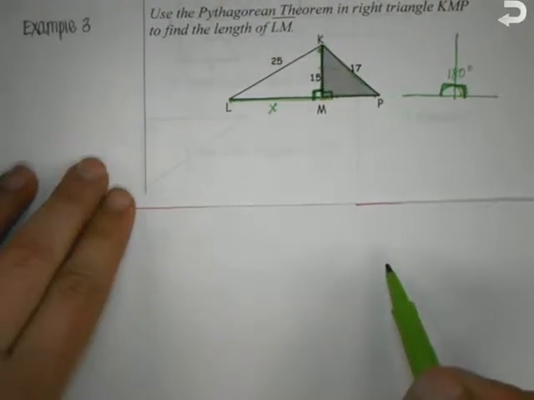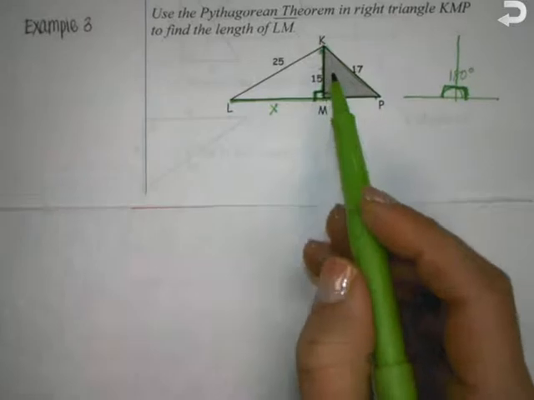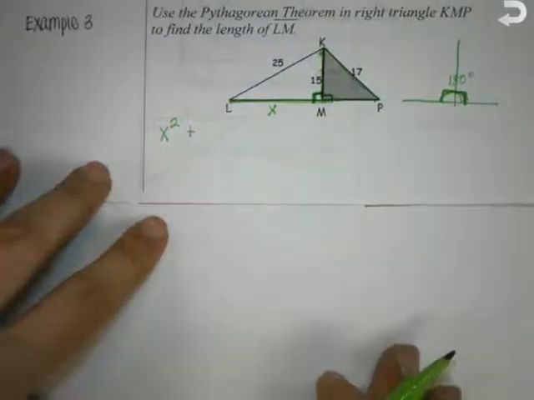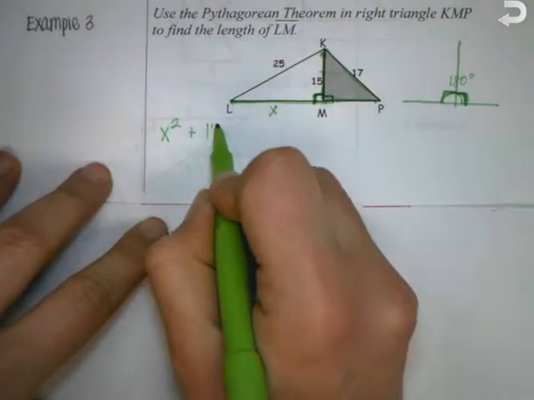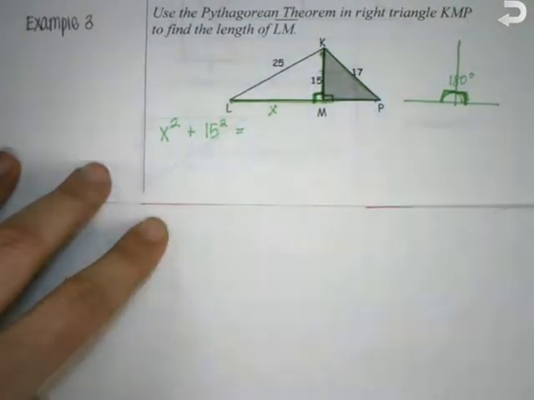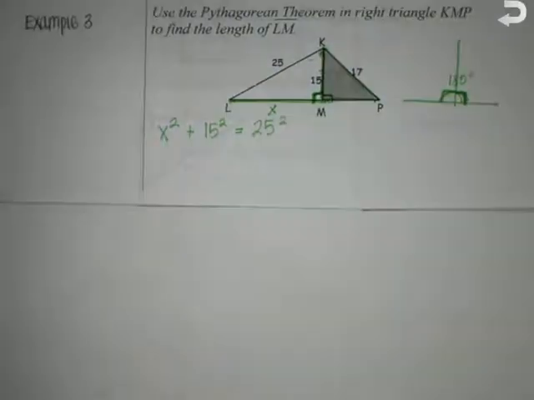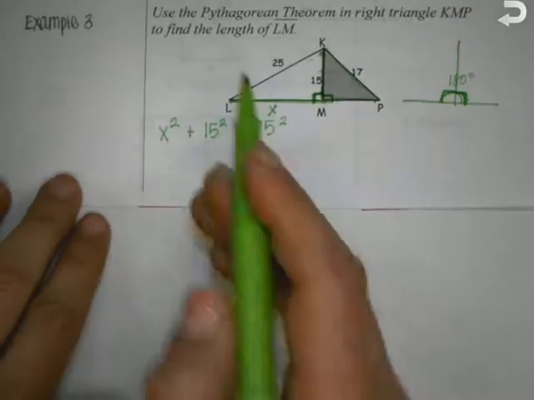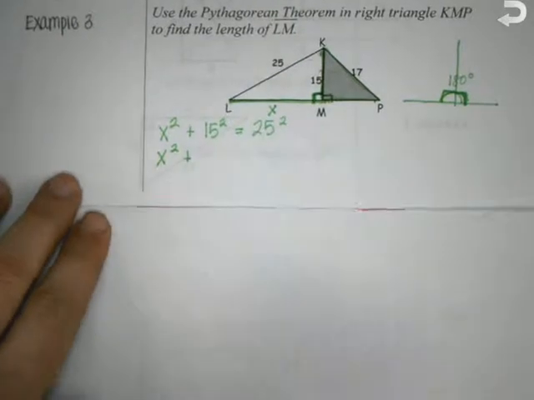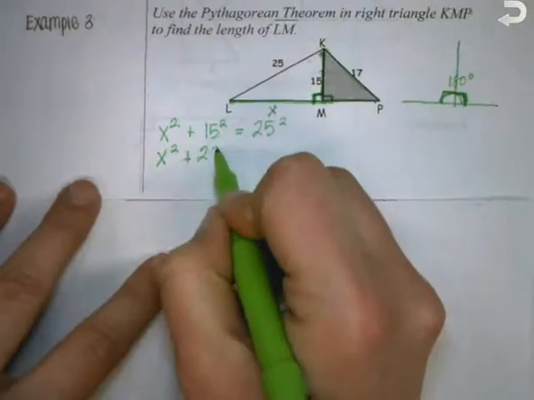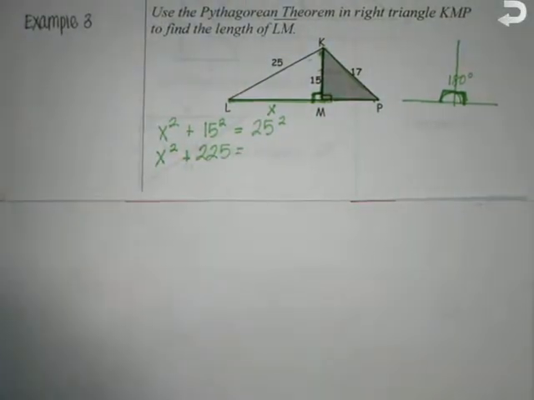And then I just plug everything in. One leg is x, so x squared plus, the other leg is 15, so plus 15 squared equals 25 squared. What's 15 squared? 225 equals 25 squared? 625.